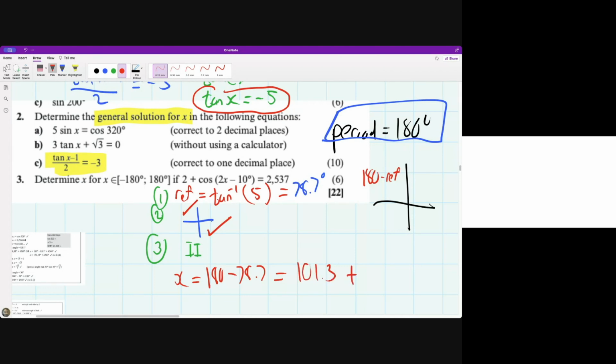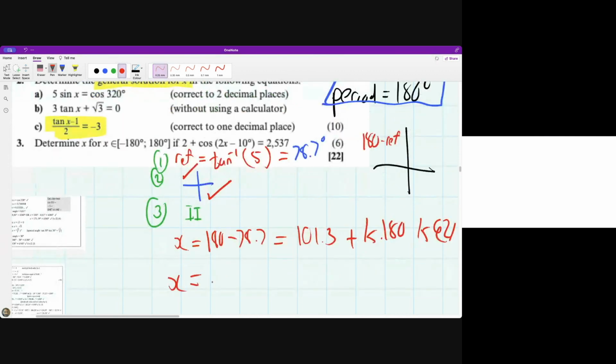And to be a general solution, I need to add k times 180 because of the period of the tan graph. The second solution would have just been making k 1. I just go 101.3 plus 1 times 180, and that will give me 281.3. That would also be a solution for this equation, but I don't need to write it because it's gobbled up by that.